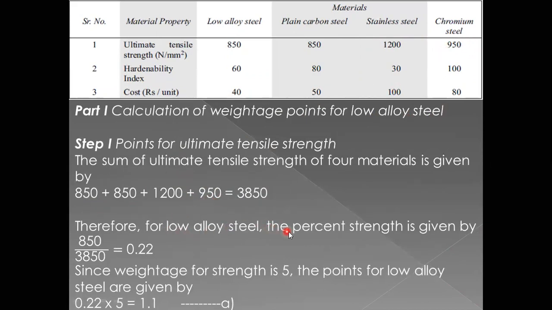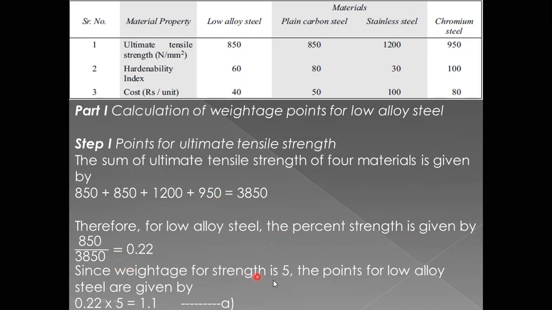Therefore, for low alloy steel, the percent strength is given by 850 upon 3850, where 850 is again ultimate tensile strength of low alloy steel and 3850 is sum of ultimate tensile strength of four materials.